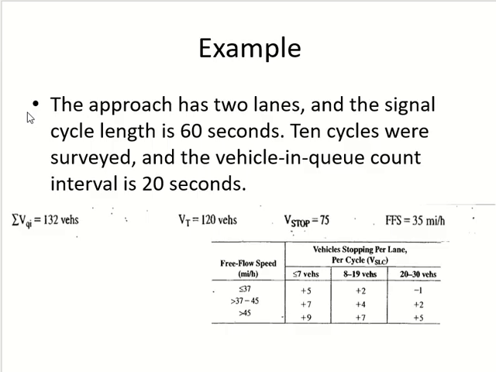The things which we need are here. The count interval was 20 seconds. So first thing which I will do is we will calculate the time in queue delay, TQ. That was the interval times the sum of V_IQ divided by V_total, multiplied by 0.9.